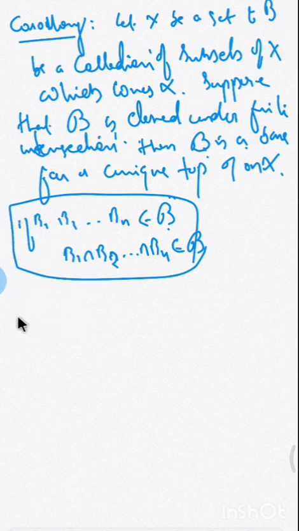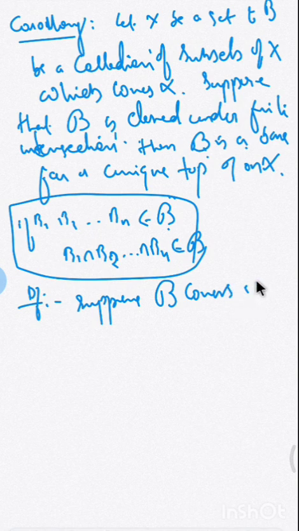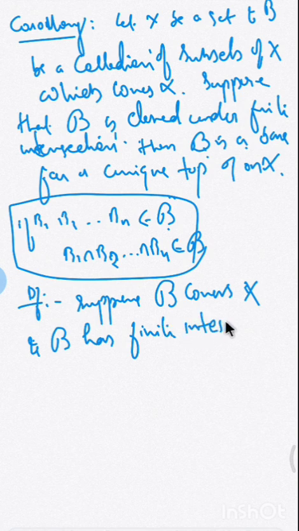So, for the proof, suppose B covers X, and B has the finite intersection property.